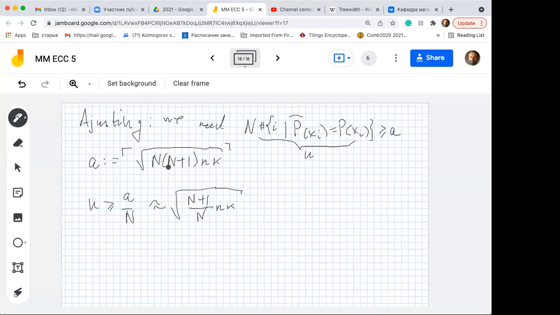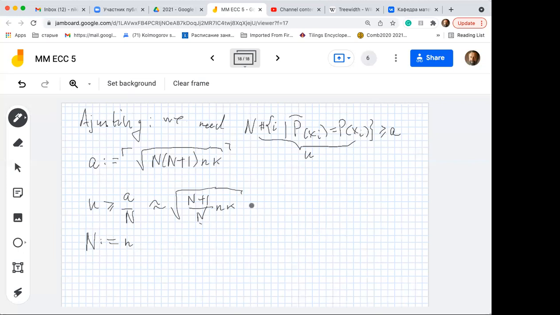We have said that if the number of errors is at most n minus approximately square root of nk, then something good happens. And now we see that the larger is N, the better, because N plus 1 over N tends to 1. So let's choose, say, capital N equal to little n.